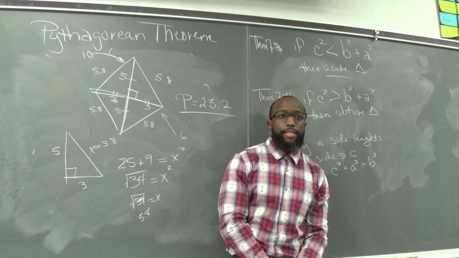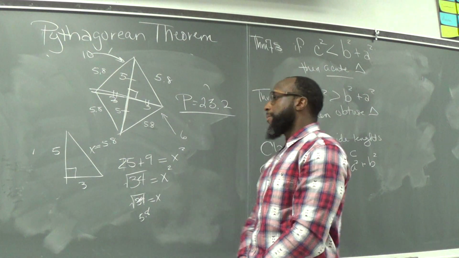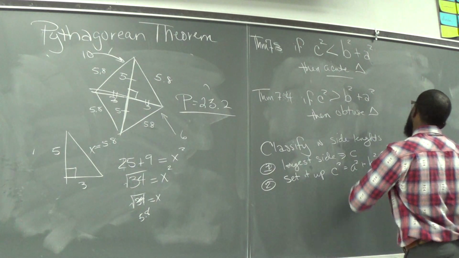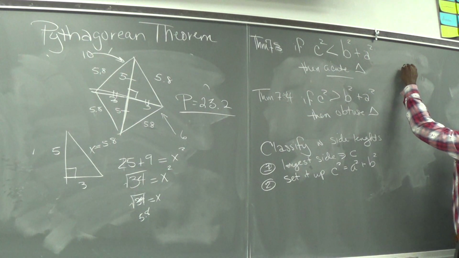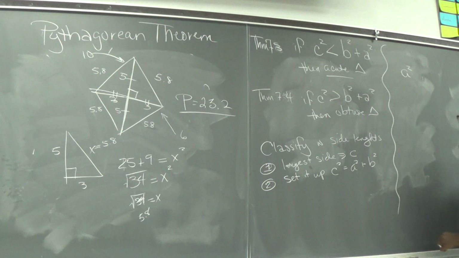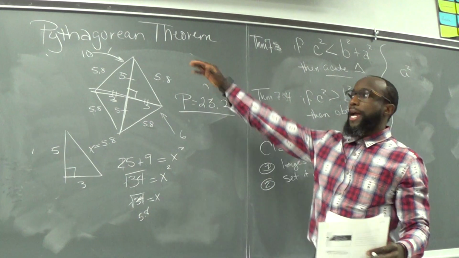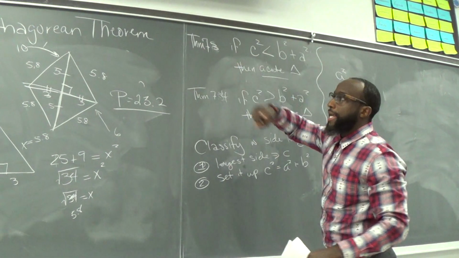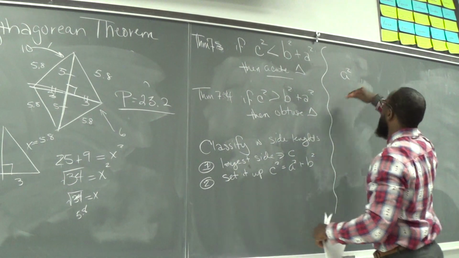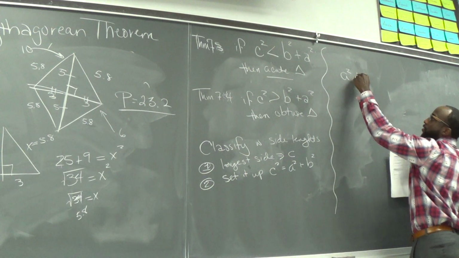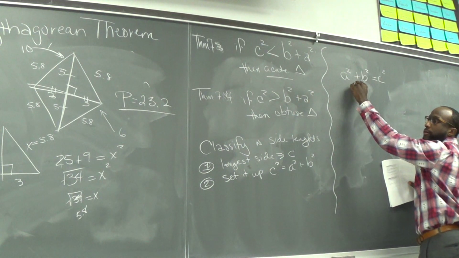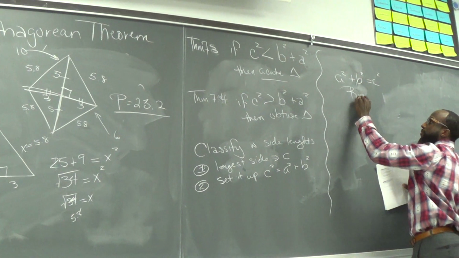Alright, so let's review. We already know that the Pythagorean Theorem is A squared plus B squared equals C squared. And to classify triangles, this needs to happen. If A squared plus B squared equals C squared, we have a right triangle.